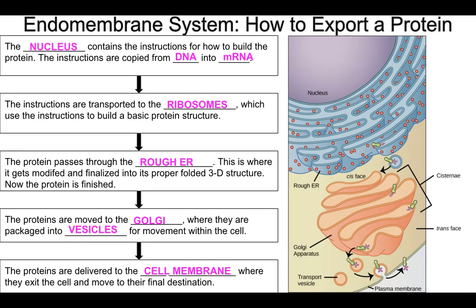That's going to be like the ribosomes. So the instructions have been transported to the ribosomes to build our protein. And at this point, they're just building a basic protein structure. If you remember from macromolecules, proteins are assembled from monomers known as amino acids, and they build polypeptides. So the ribosome is going to build a simple, basic polypeptide.